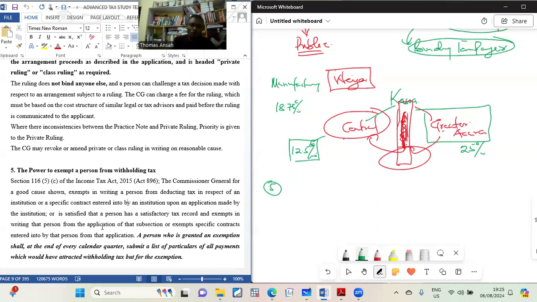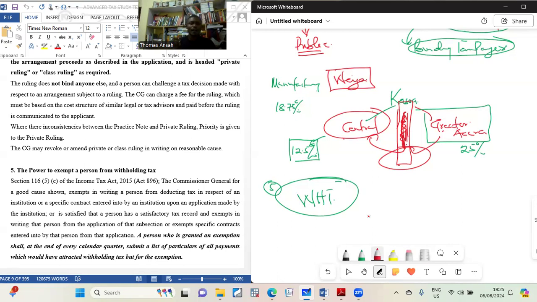But when we talk about withholding tax, I believe most of us understand withholding tax. It is the tax that somebody deducts from a payment he's supposed to give you, and we will learn about it. People are supposed to withhold tax when they buy things from other people and they are paying.